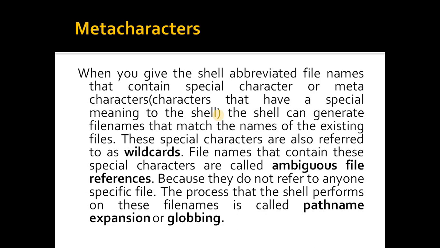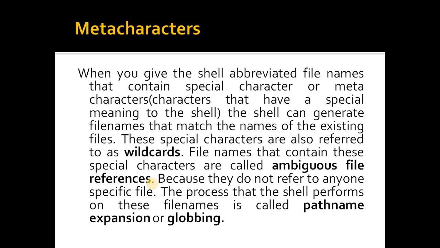These special characters are also referred to as wildcard characters or wildcards. When one of these special characters appears in an argument on the command line, the shell expands that argument into a list of file names and passes the list to the program that the command line calls. File names that contain these special characters are called ambiguous file references because they do not refer to any one specific file.